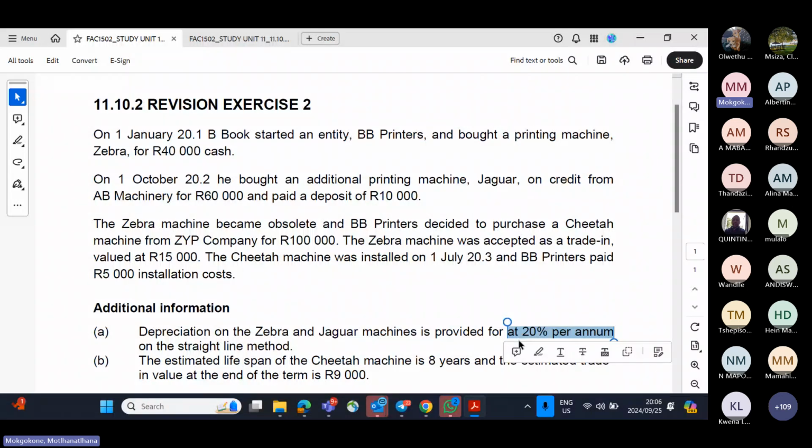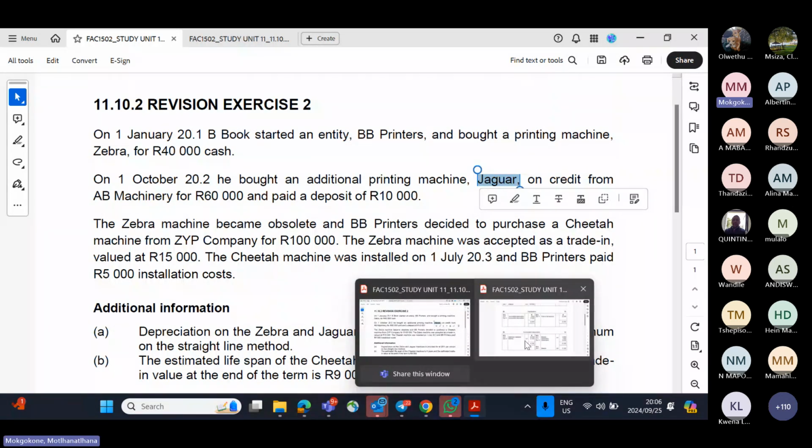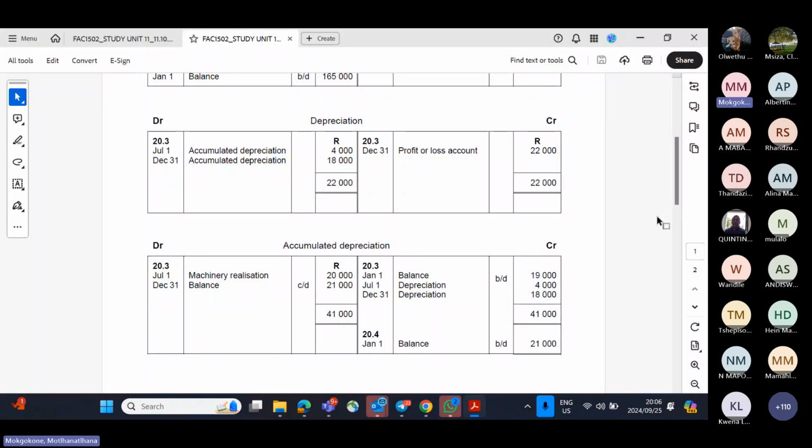We explained the 18,000 many times because it was this machine, the Jaguar machine. Yeah, no, they want to know the 19,000. The balance brought down. Which 19,000? Yes, the balance brought down on accumulated depreciation.